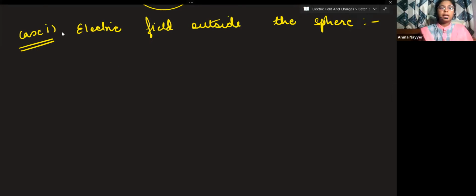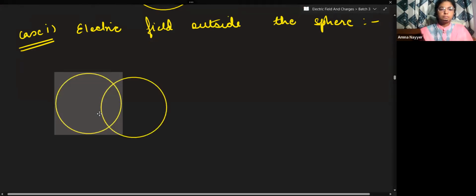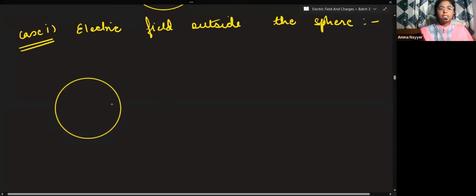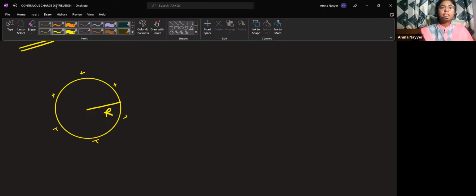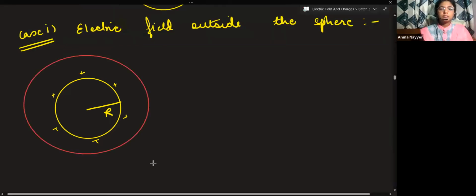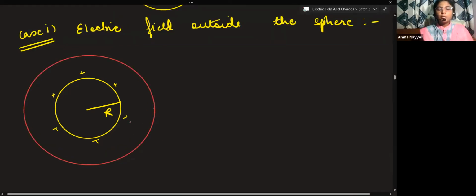It means if I tell you this is my sphere, and the radius of the sphere is capital R, with charges residing inside. Now I have taken some point, so I have to draw a Gaussian surface to enclose it. For example, this was the point I had taken.